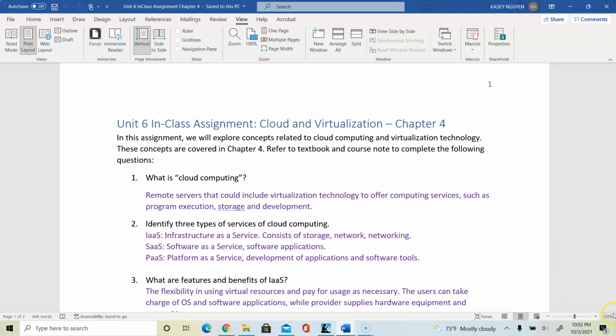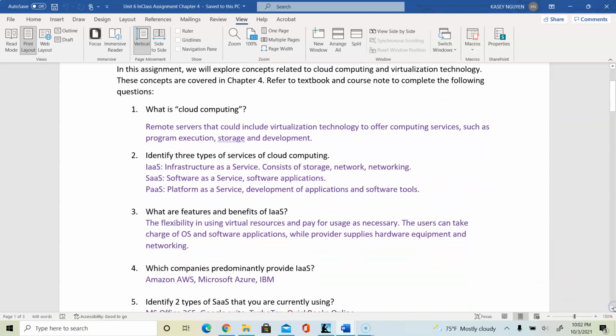So the benefits and features of IaaS would be that it is flexible in virtual resources, and the company can pay for usage as necessary. The user can take charge of the operating system and the software applications, while the provider supplies the hardware equipment and the networking.